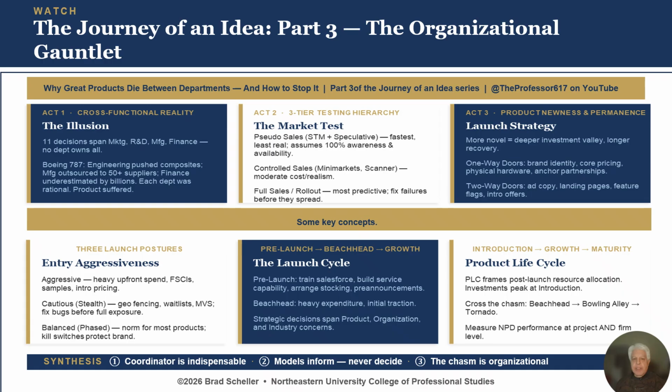In Act 3, the launch strategy. 3 connected topics. First, product newness. The more novel your product is, the deeper the investment valley and the longer the climb back to profitability. You have to train people to change their expectations and learn something new. Second, permanence. One-way doors. Brand identity, core pricing, physical hardware, anchor partnerships.